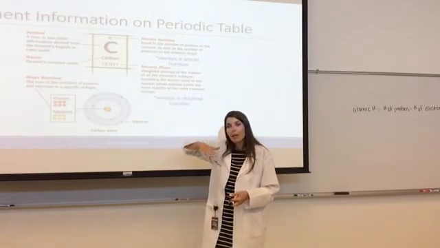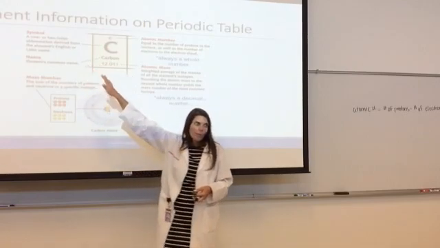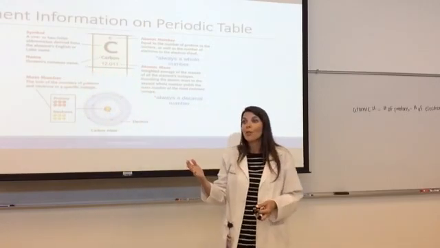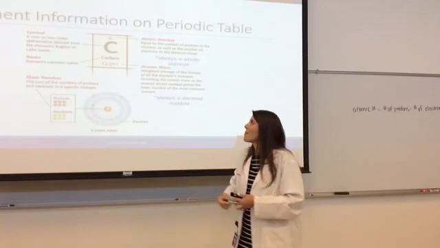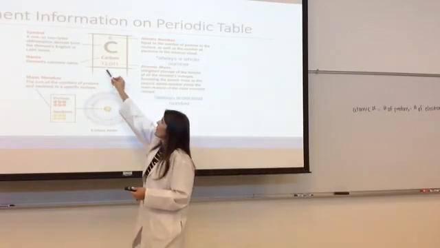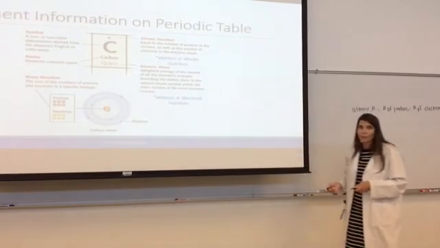Many times, the name of the element is actually beneath it as well. And that helps you if it's there. If it's not, then it doesn't help you. Beneath that, we have the atomic mass, also called the mass number.